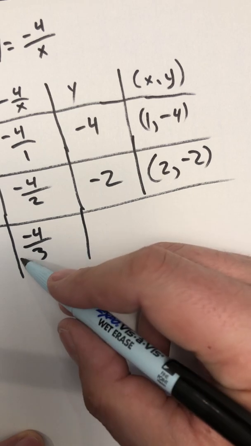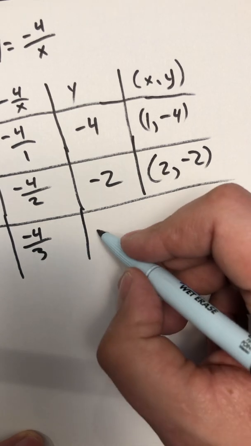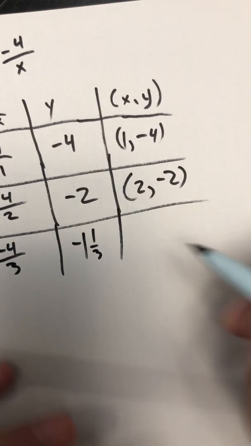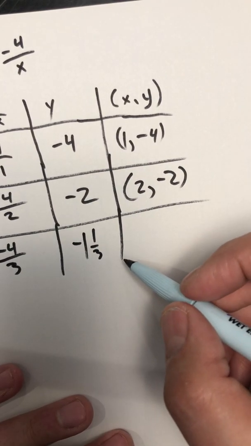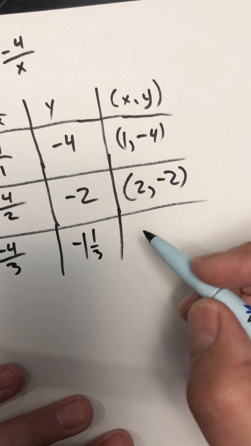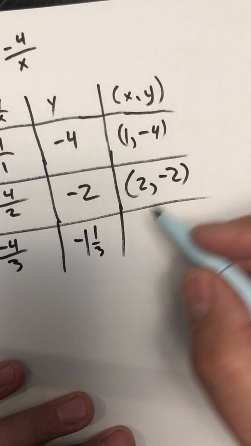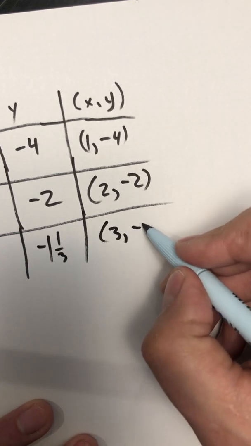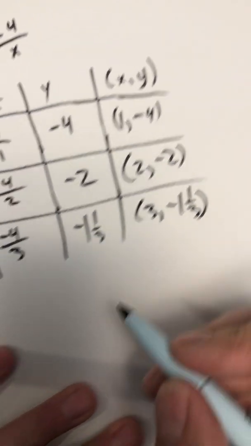That means that the output, what is negative 4 over 3? It's negative 1 and 1/3. I don't like dealing with decimals. If you wanted to put it in decimals, go right ahead. It would be negative 1.3 repeating, but that's a little bit more concrete for my mind. And then I have 3 and negative 1 and 1/3.